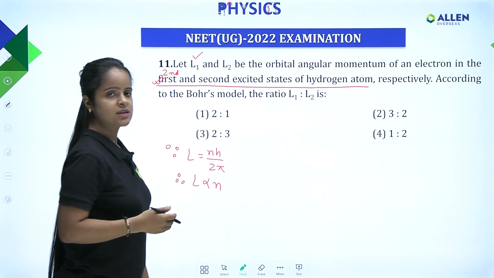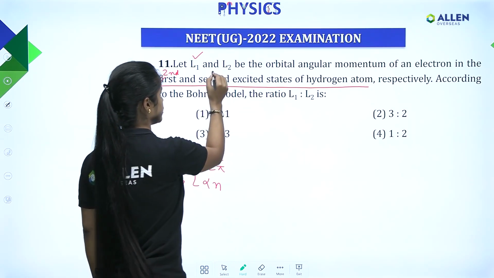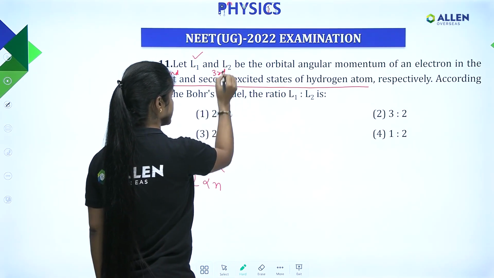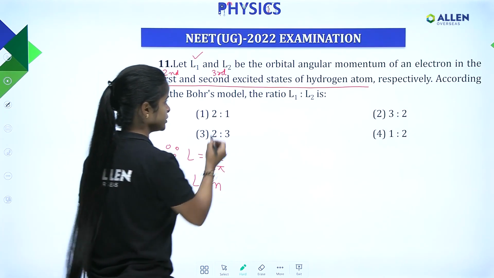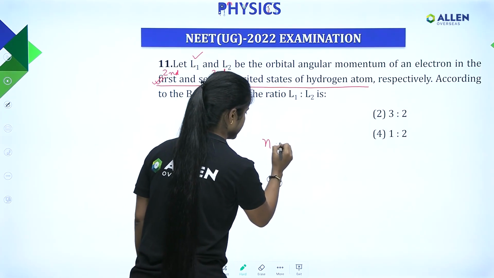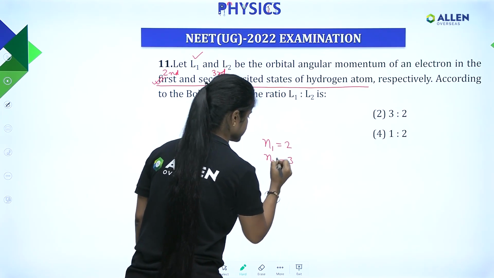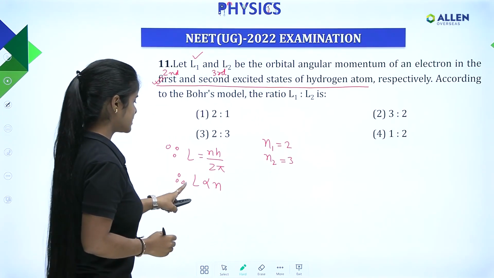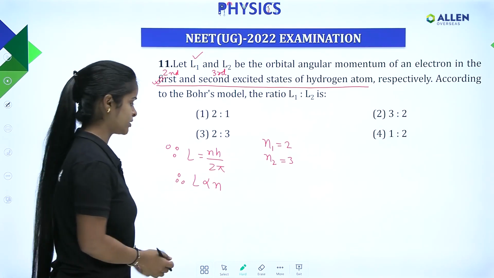right? At the same time, second excited state means what? Third orbital, right? So in this situation, according to this question, the value of n1 is 2, and the value of n2 is 3, right? And as I have already written, orbital angular momentum is directly proportional to the nth orbital.